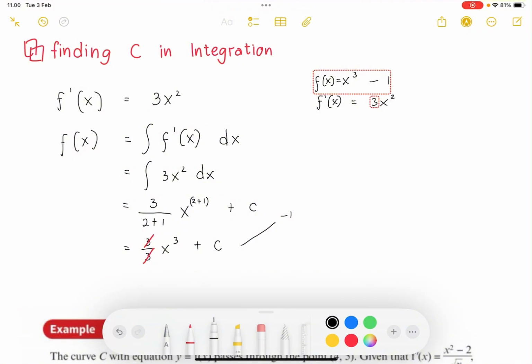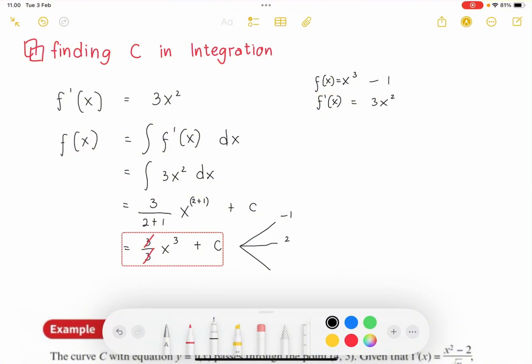But look, there is no x in the minus 1. That's why we call it a constant. There is no x there. So if we derive the constant, it's going to be 0, because there is no x there. Right? Okay. So this minus 1 can be any value.